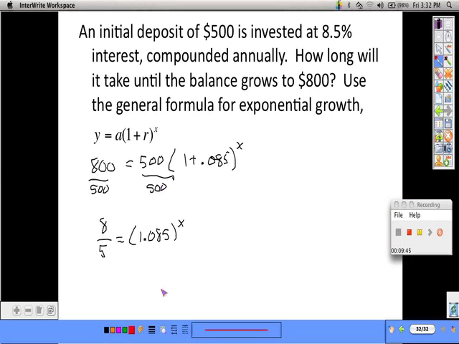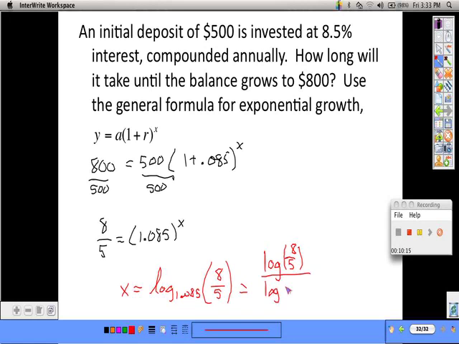Now that we have the power isolated, we can change into log form to find the exponent. The base we're going to be using is 1.085, log of 8/5. And to deal with that in our calculator, to actually solve the problem, we're going to take the common log of 8/5 divided by the common log of 1.085.